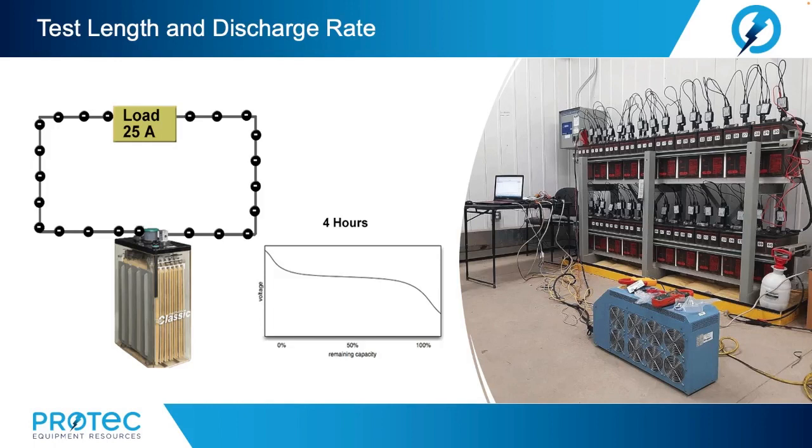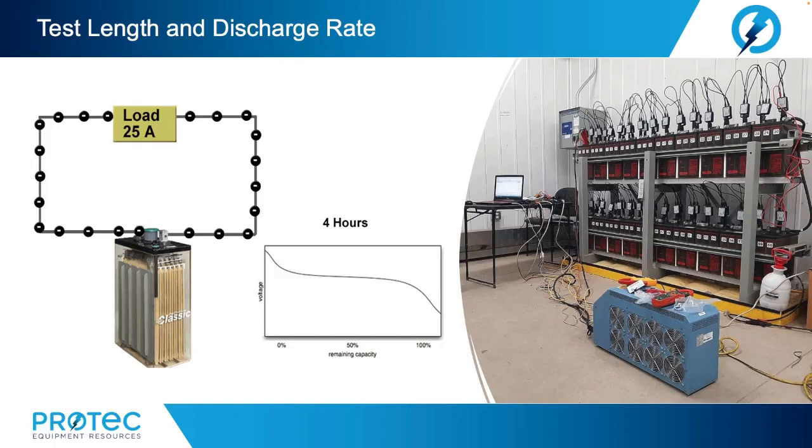Okay, now we have at least established a time period for our discharge test. But again, where do we find the actual discharge rate or load? Now, if we know the ampere hour rating of the battery cells and we have established the time period we wish to discharge at, we can calculate the current that would need to be set on the load tester.